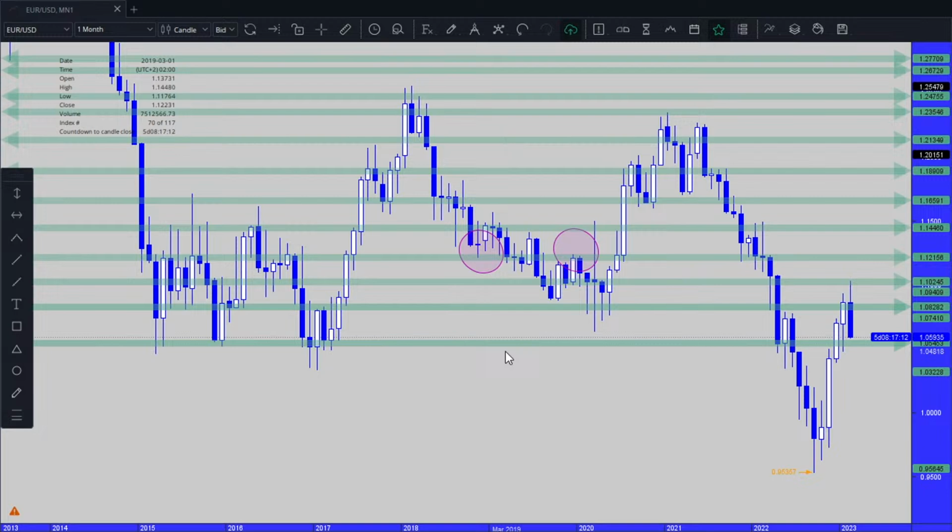There is a mathematical formula, everybody, that indicators use to calculate daily pivot point support and resistance. It's a mathematical formula, but in my humble opinion, the calculated pivot points don't work.